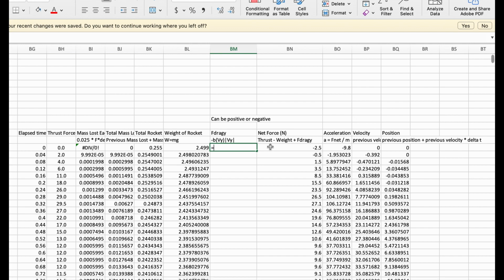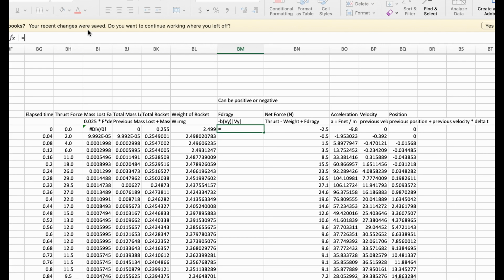So let's do equals, we need negative $B$8, which is the drag coefficient, times the current velocity, which is going to be BP14, that's this here, and then we'll do times the absolute value, ABS, of BP14.